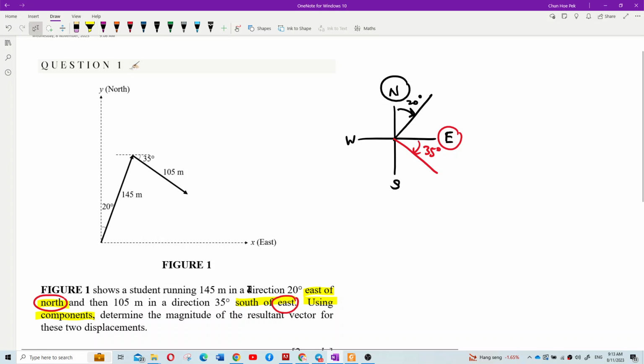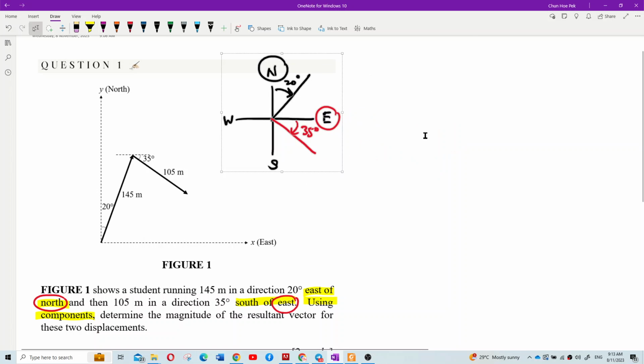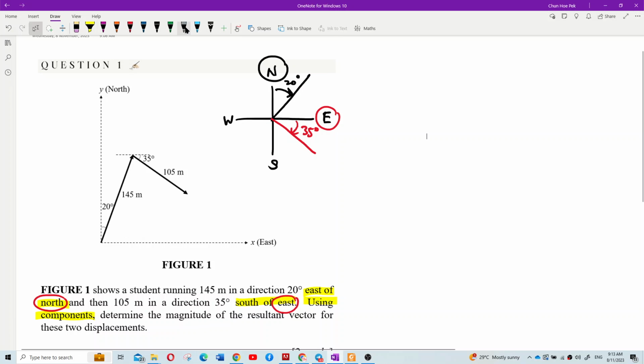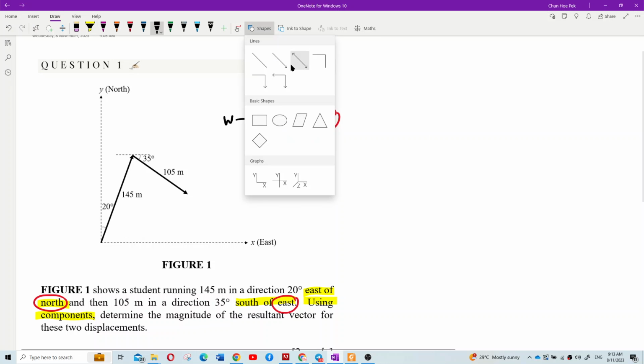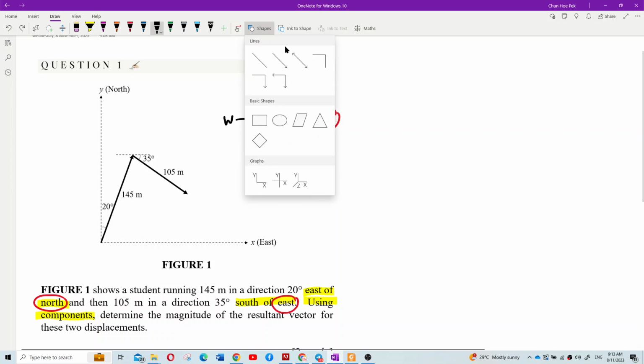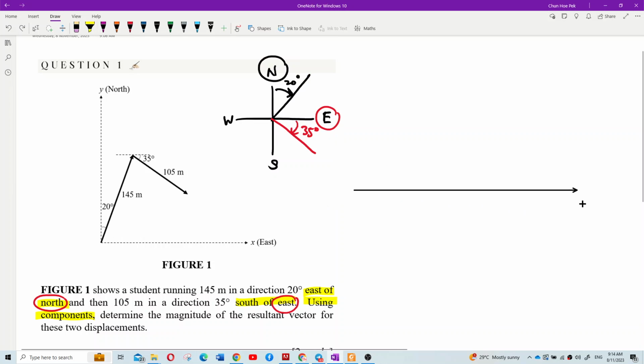Okay, now using components, find the resultant vector. So how are you going to do it? That means components. All right, let's try. Let's draw the vector.